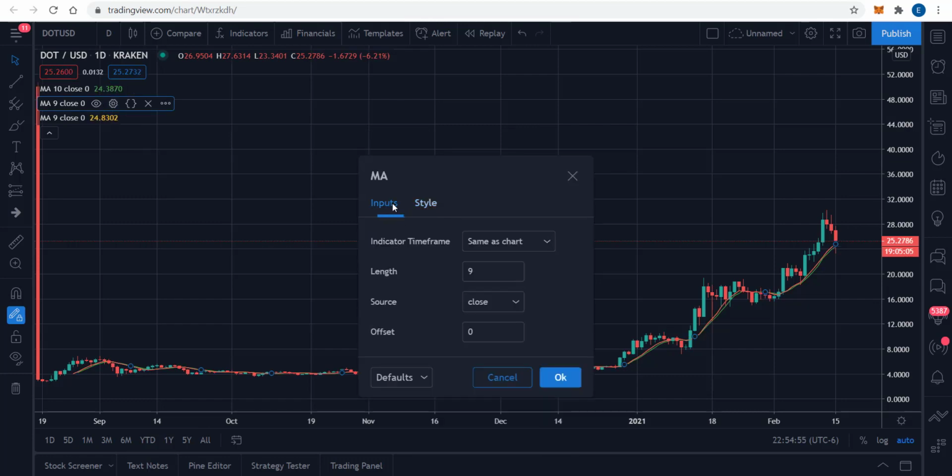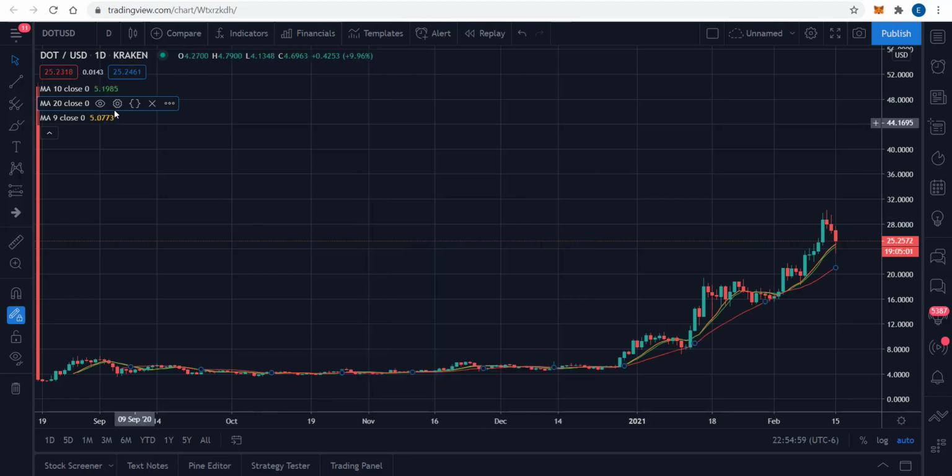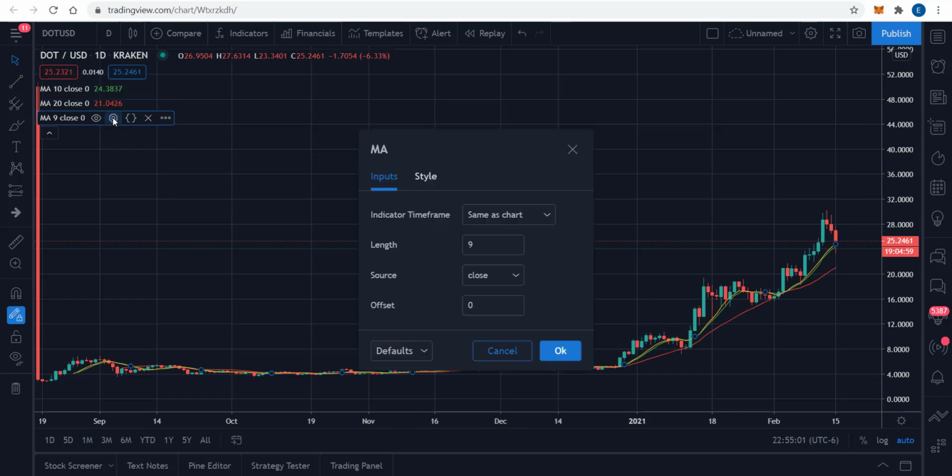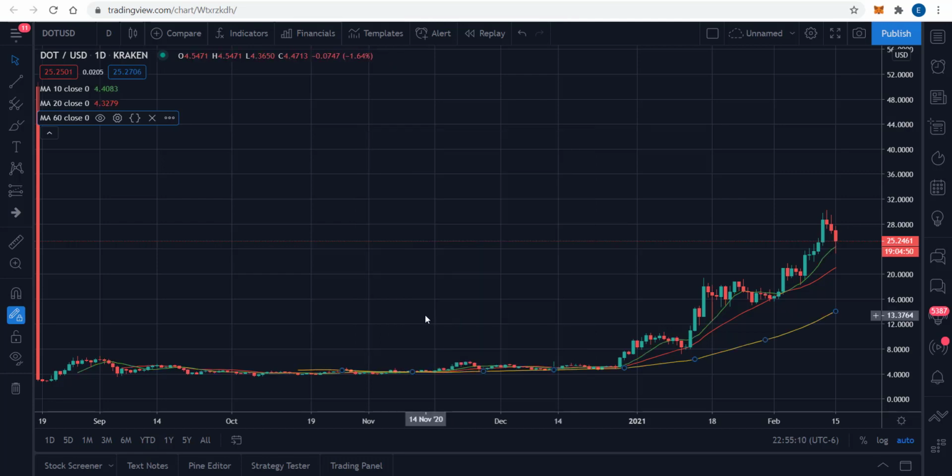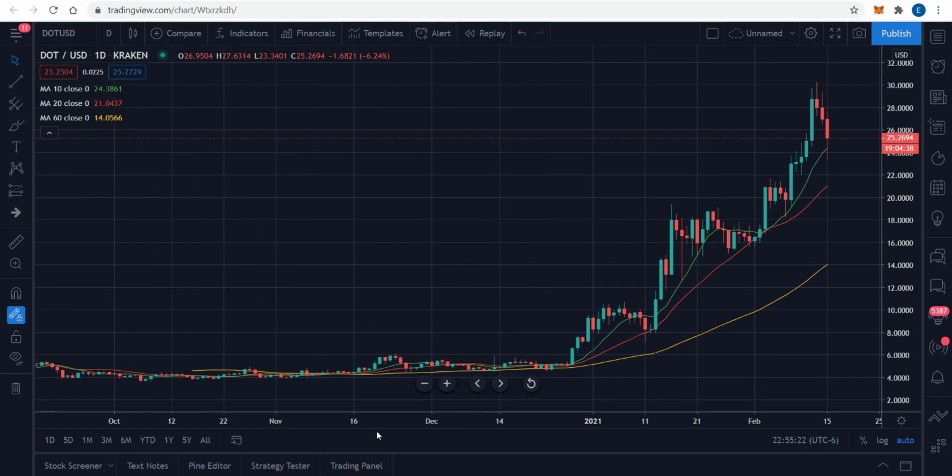As usual, I turn the 20 period red. I use green for the 10 period, and we're going to turn this yellow line into a 60. And arguably, there are probably better timelines to use for cryptocurrency specifically, because the 10, 20, and 60 are really more aligned with stock trading. But that's okay. We can deal with that another time.